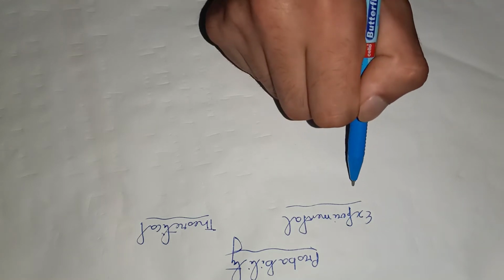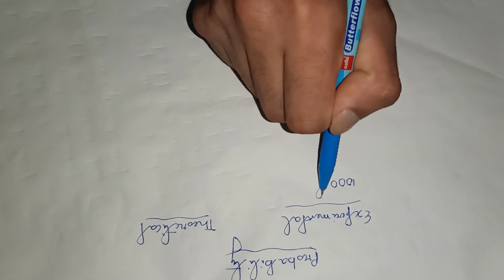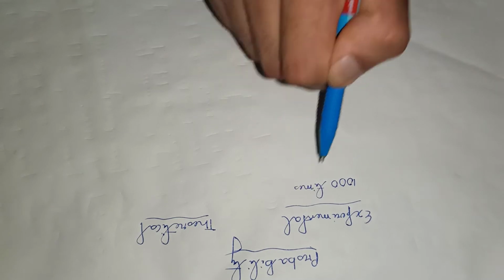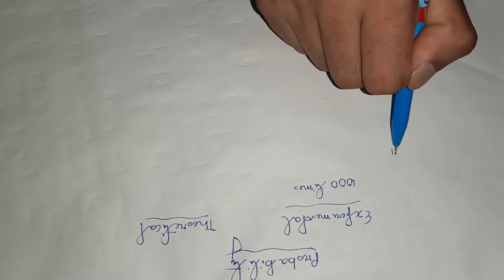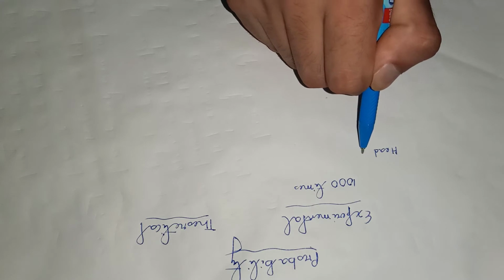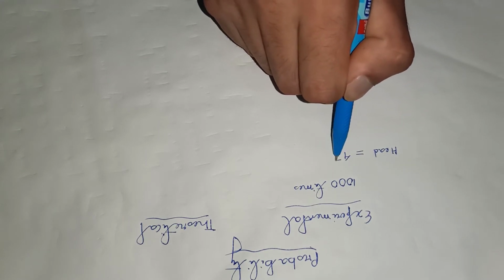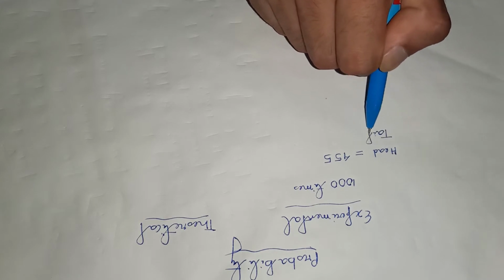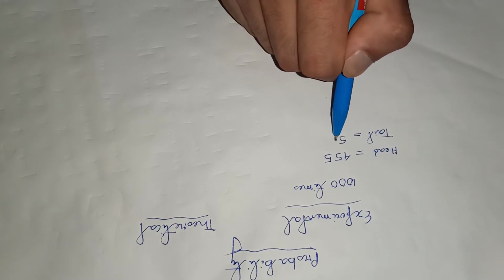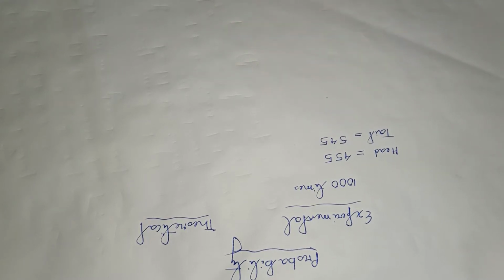Now, if we discuss an experiment of tossing a coin 1000 times, and if we note the frequency of the outcome, suppose on tossing a coin 1000 times, the number of heads coming up is 455 and the number of tails coming up is 545.